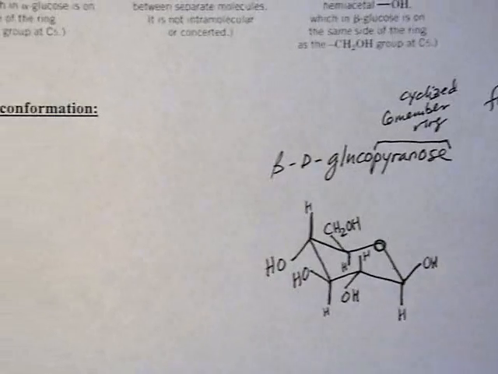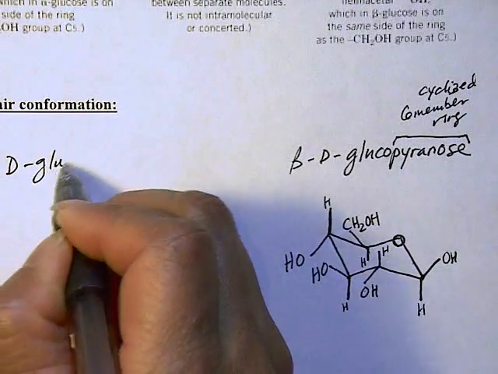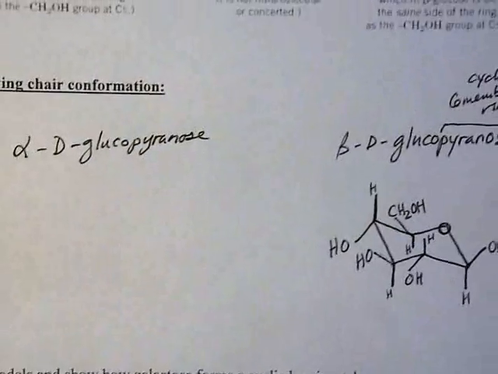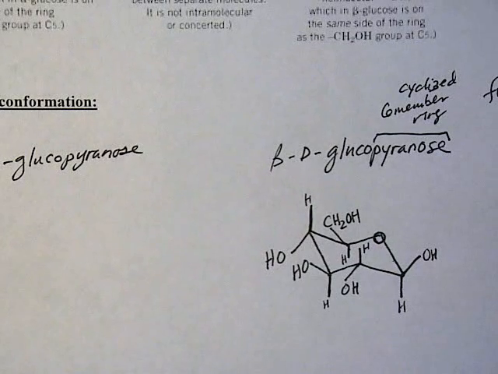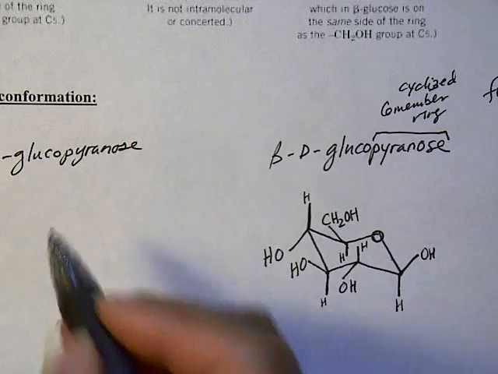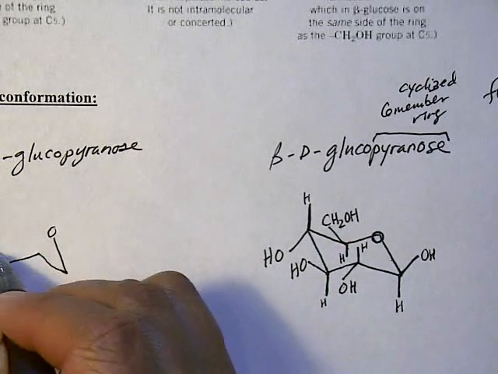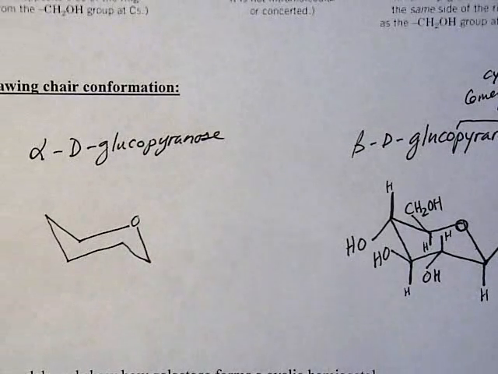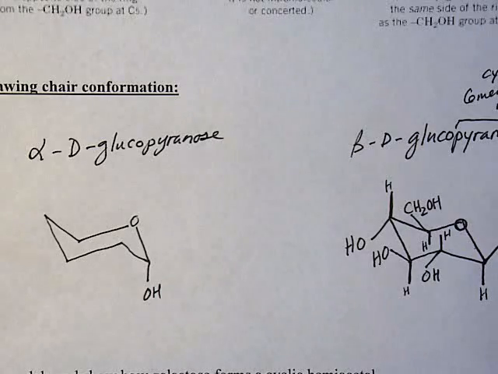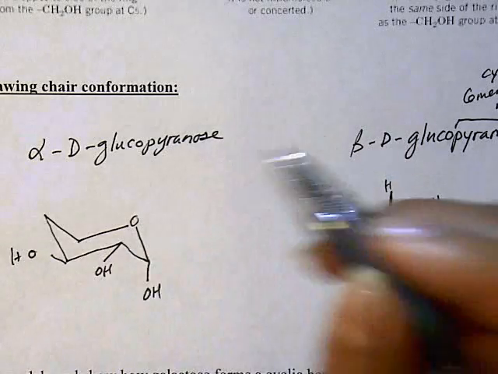All right, so the only difference between that and the alpha D-glucopyranose is that the OH on C1 is not up but down. So you could draw the same exact thing, and you're going to have the OH down this time, and then all the other OHs occupy the equatorial position.